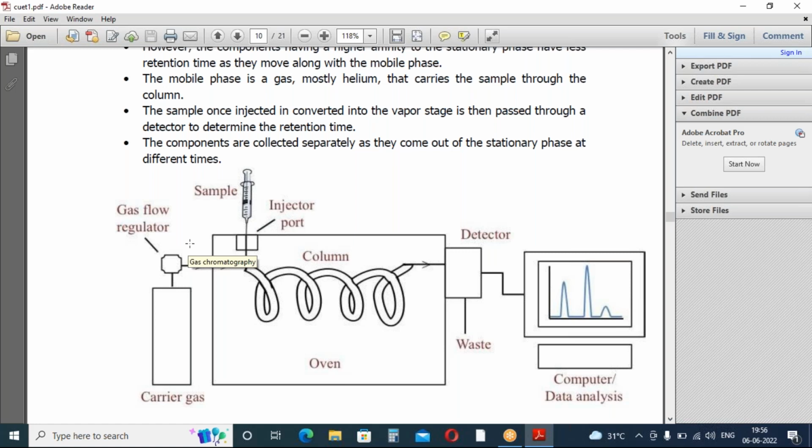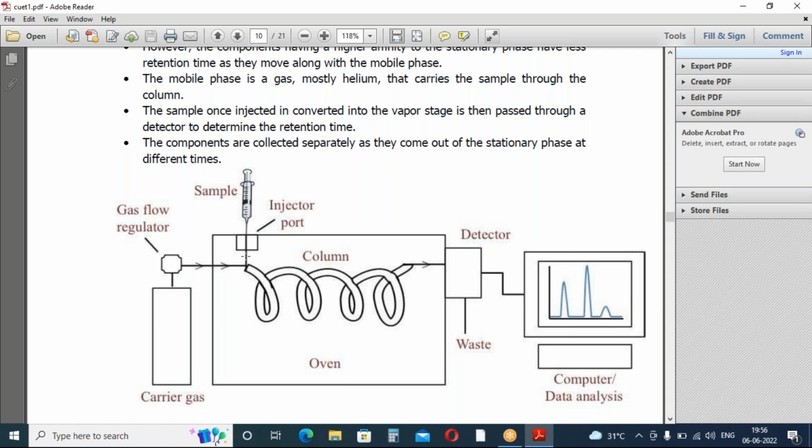In gas chromatography, the stationary phase is the normal one, like column chromatography, whereas the mobile phase is the gaseous one, carrying the sample. Once injected, the sample is converted into vapor and passed through the detector, which is used to determine the separation of the different molecules present in the mixture. That is the main principle involved in gas chromatography.